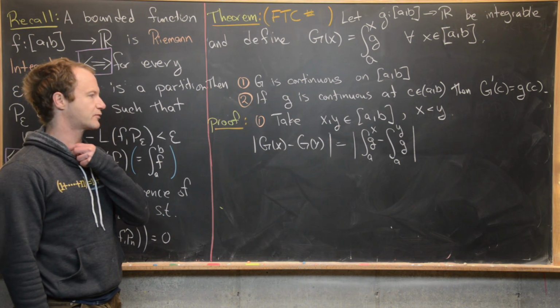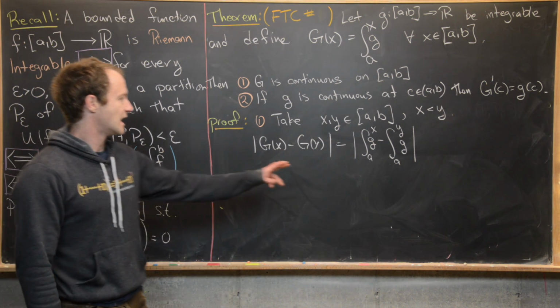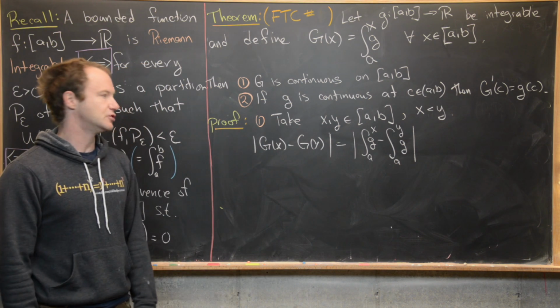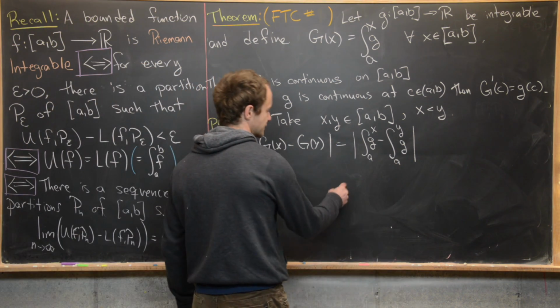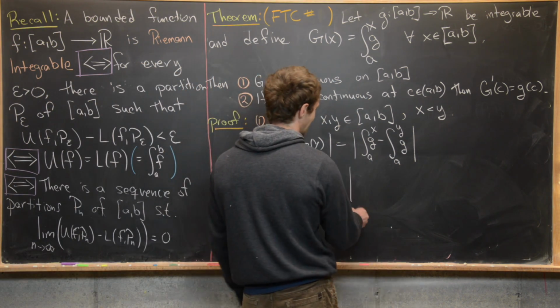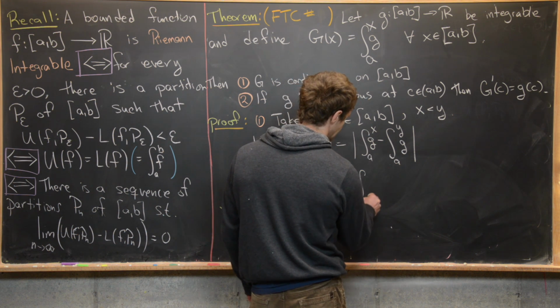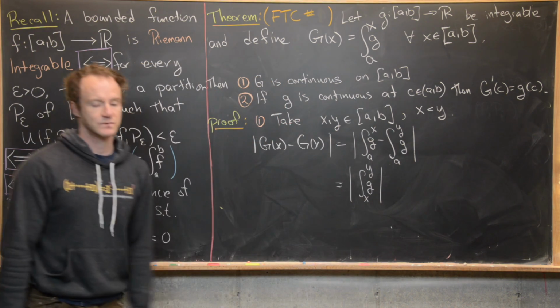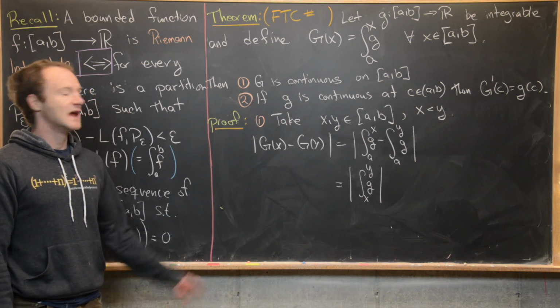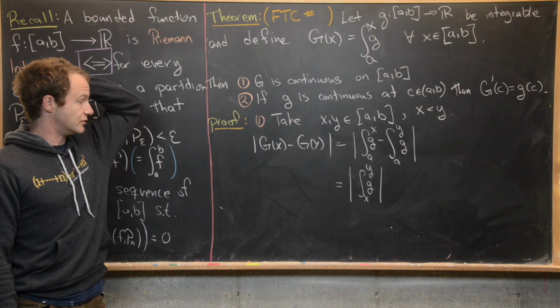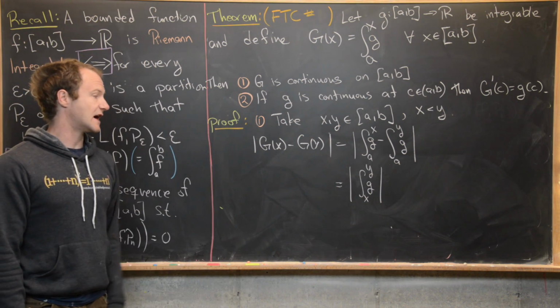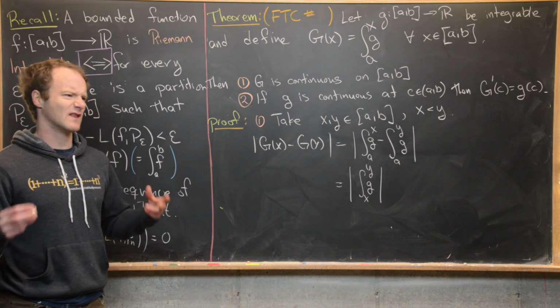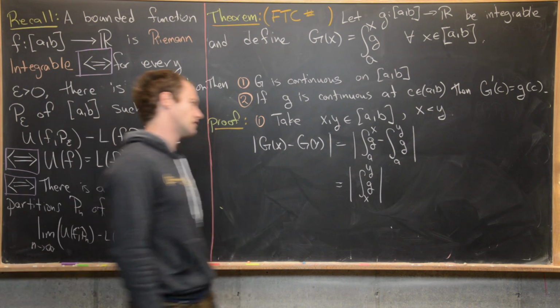But now we know some properties of integrals. And we know that we can mash those two integrals together using those properties, and that's going to give us this absolute value of the integral from x to y of g. Great. And then next, what we will do is bring that absolute value inside the integral by an integration version of the triangle inequality.